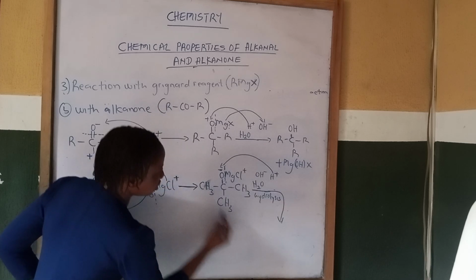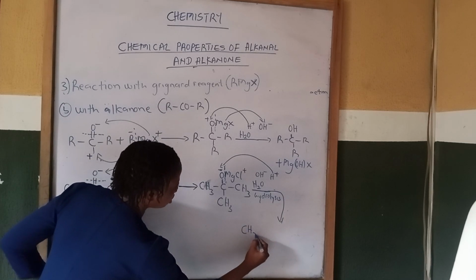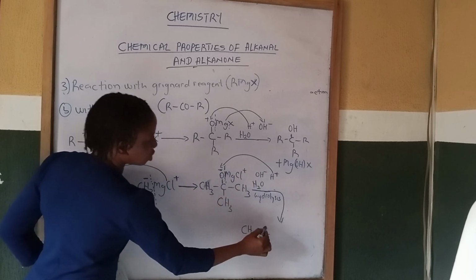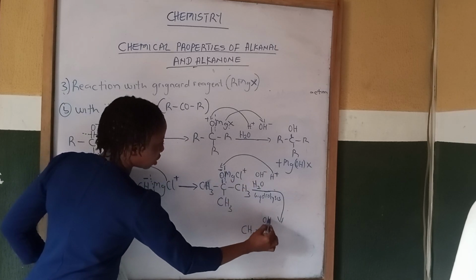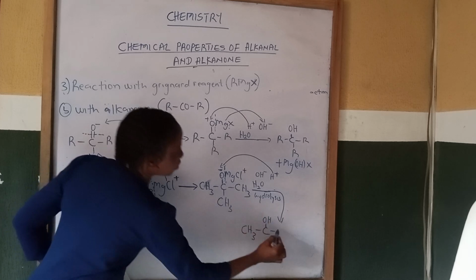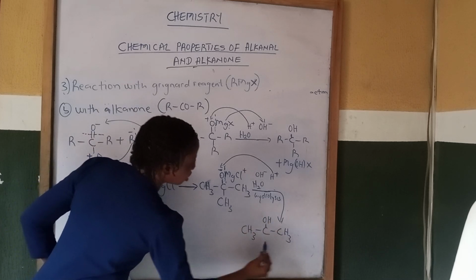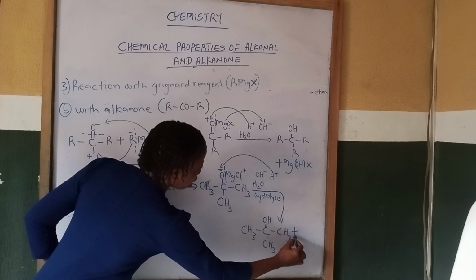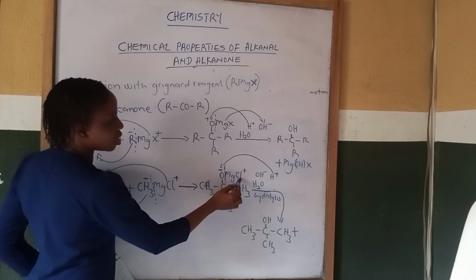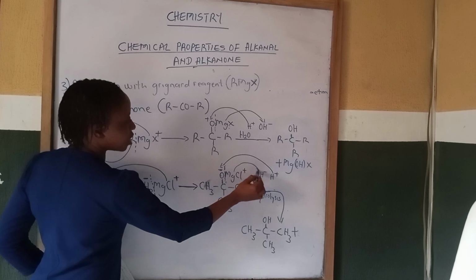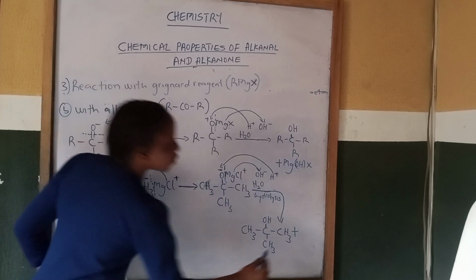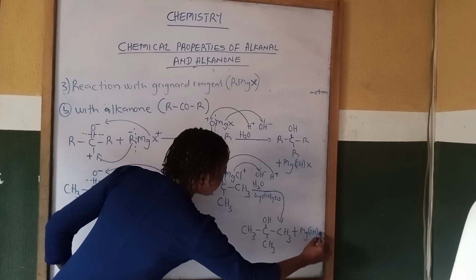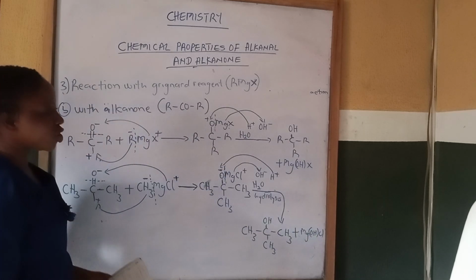Our product will now be CH3, C, then the hydrogen combines with oxygen to give us OH, followed by CH3, then CH3. Then MgCl will combine with the hydroxy ion to give us MgOH, then Cl.